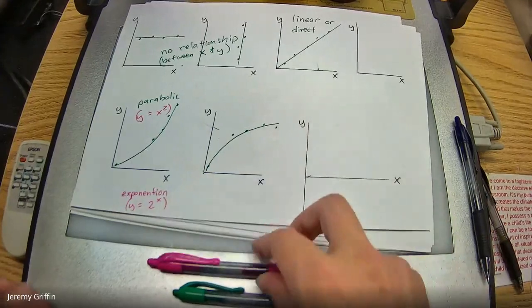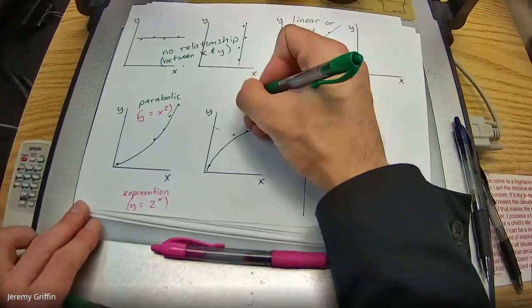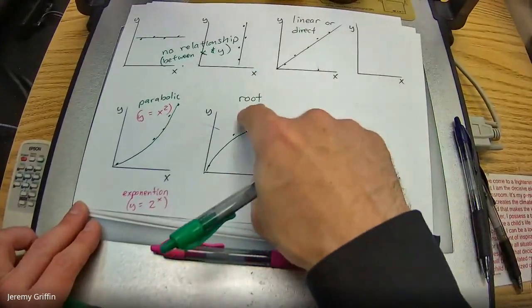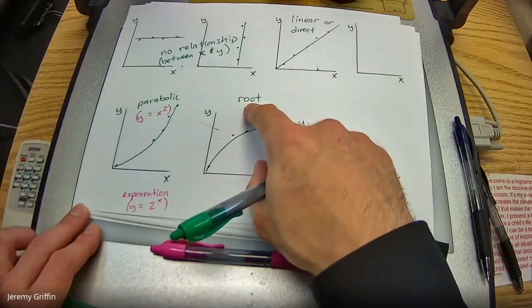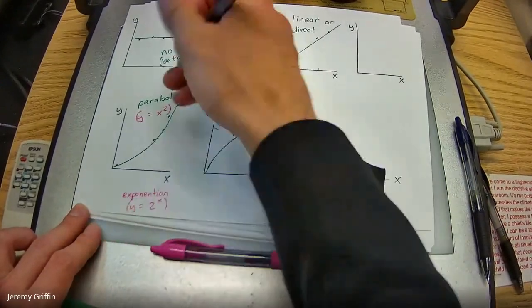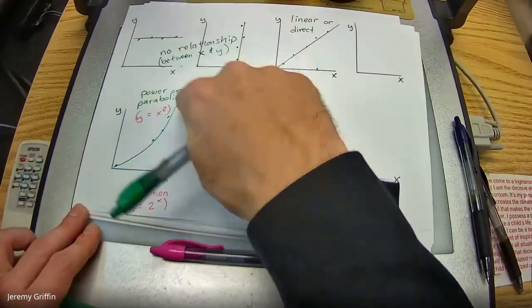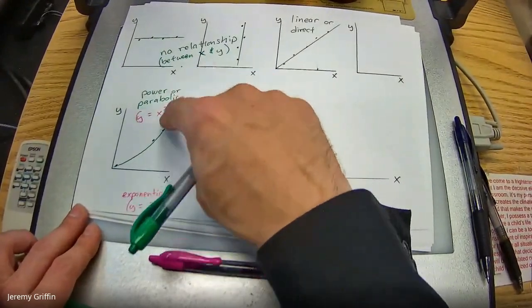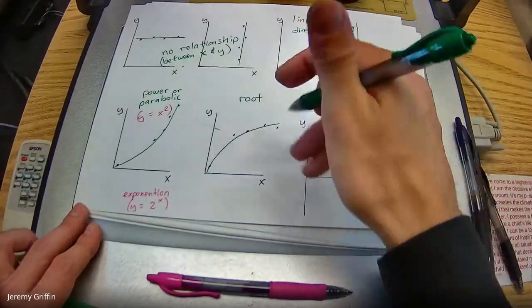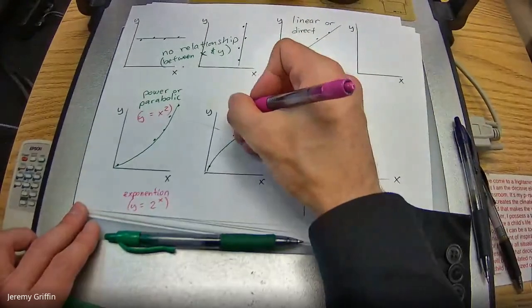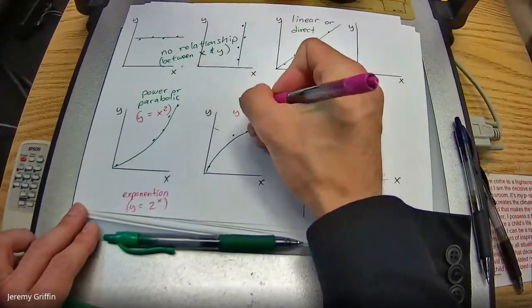But the one I was in the middle of talking about, this is like a root relationship, which is actually a subcategory of a power relationship, which is what parabolic is. So power, or a parabola is a specific kind of power relationship. If you have a power of 2, right? A root relationship could be like y equals the square root of x, for example.